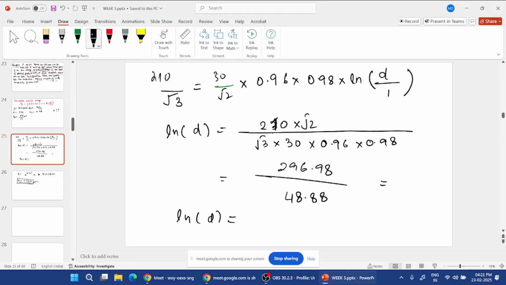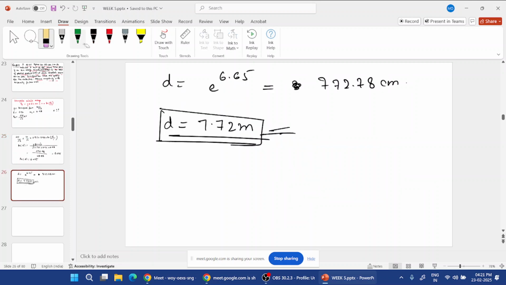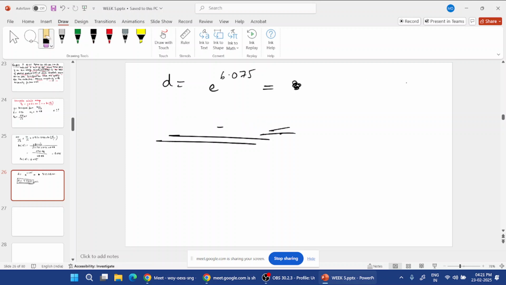And if we divide it by 48.88, it will come out to be 6.075, and if we take the E, it will come out to be 435 approximately.